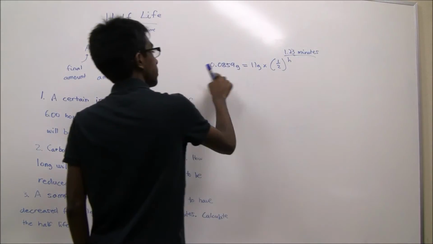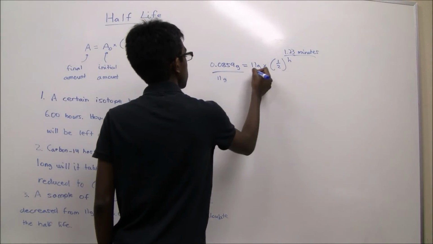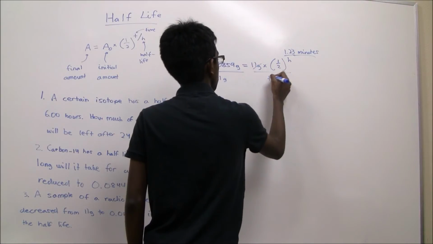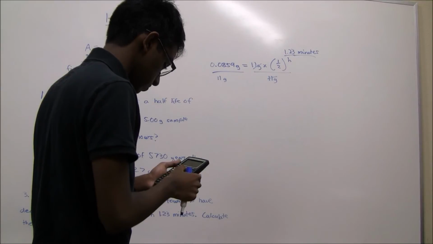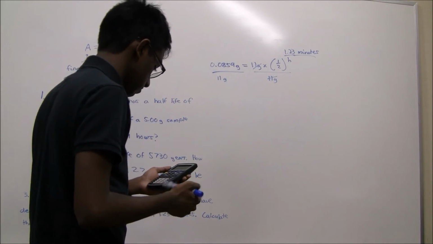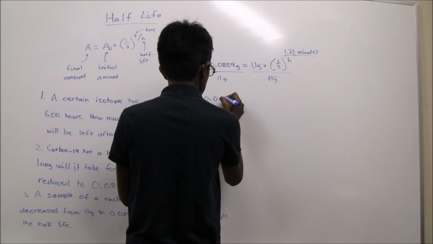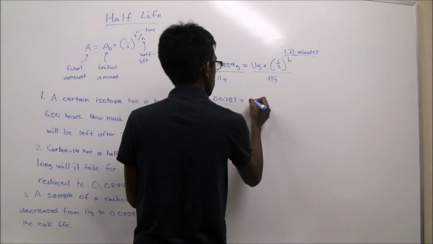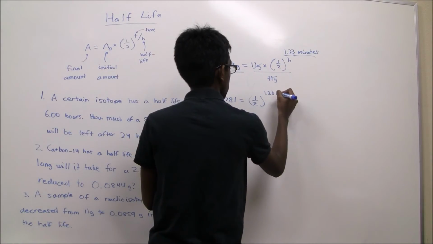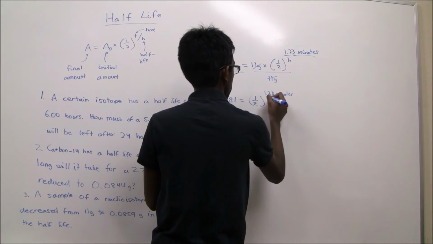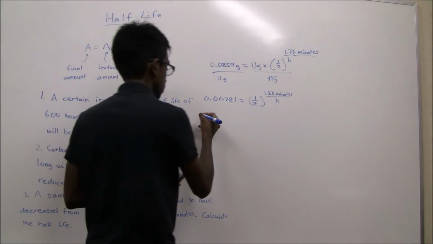So first I'm going to divide both sides by 11 grams. So that's going to get me 0.00781. Now I'm going to take the natural log of both sides.